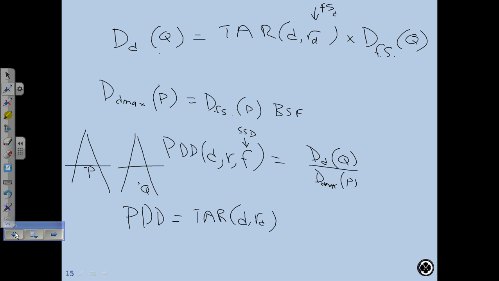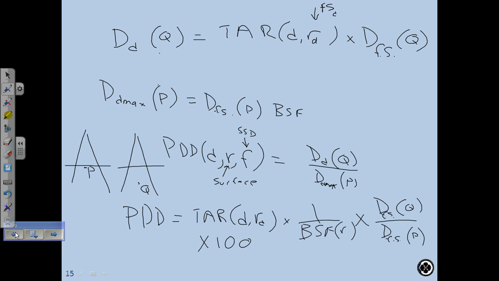There's a difference between R and R_d; this is R at the surface. Times 1 over the backscatter factor of R, at the surface, times D free space for point Q divided by D free space for point P, times 100.